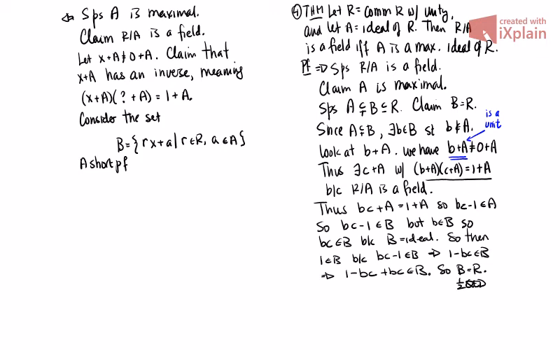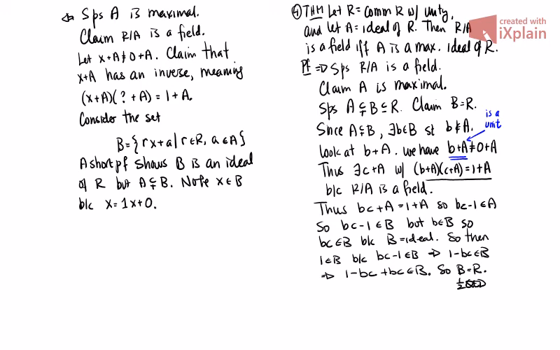A small proof shows that B is an ideal of R, but A is contained in and not equal to B. The latter part is easy to see, simply because x is in B but it's not in A. A little note here: x is in B because x is 1 times x plus 0.